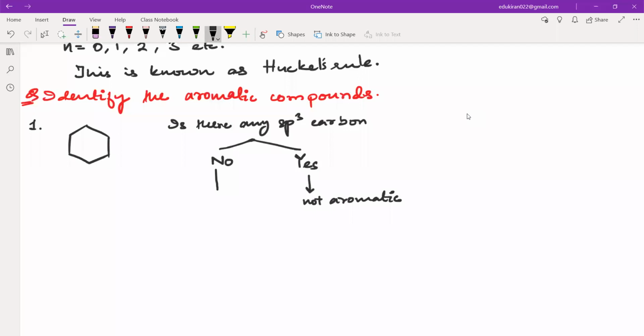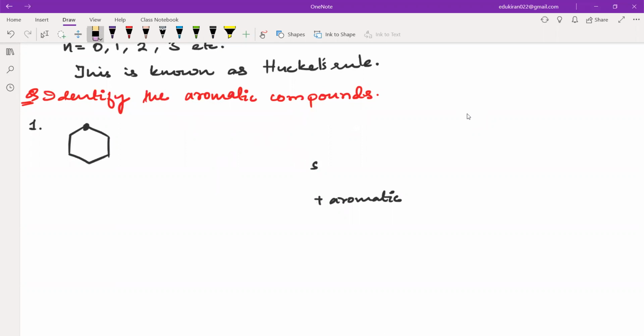No. There is no sp3 carbon. What about Hamza? What do you think? Is there any sp3 carbon? No. Okay. What is the hybridization here, Samaira? This carbon? sp2. Very good. This is what we were saying.